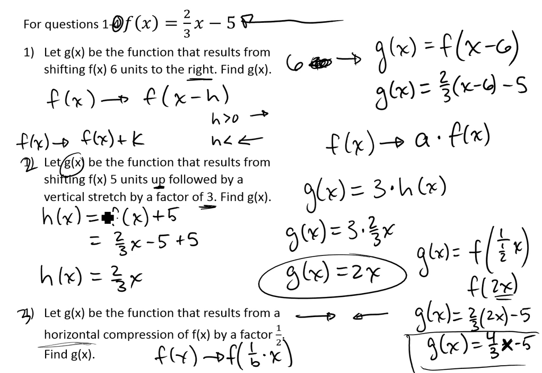As I move away from the x-axis, you're going to see it get taller. You're going to see it stretched up. Also, when I do this vertical stretch, the x-intercept is not going to change. The y-intercept will change, but I'm moving away from the x-axis, so both above and below the x-axis are going to be pulling away from it. The one place that remains unchanged is that x-intercept.